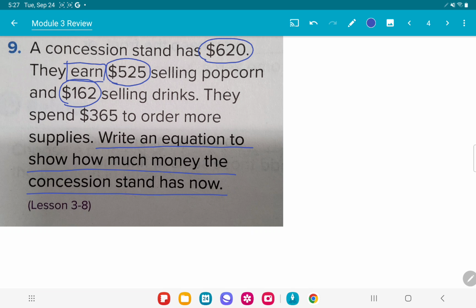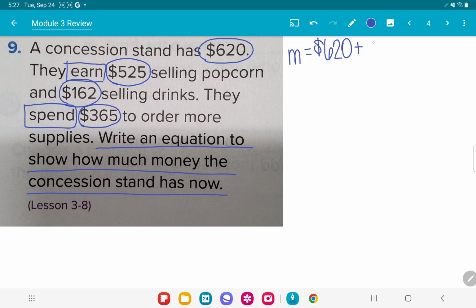The next sentence says they spend $365 to order more supplies. If they're spending money, they're taking part of their money and using it for something else. So we're taking that away. It says write an equation to show how much money the concession stand has now. The amount of money that the concession stand has, they started with $620.